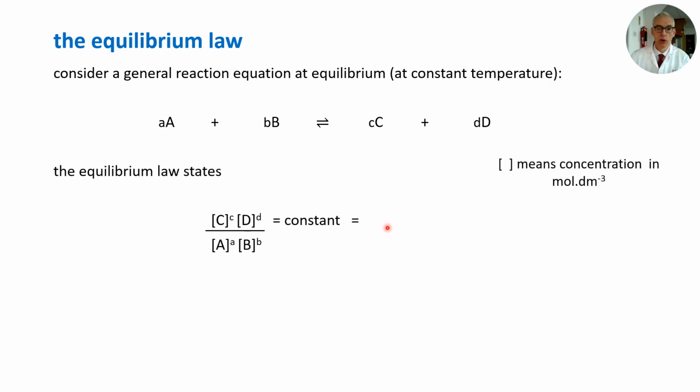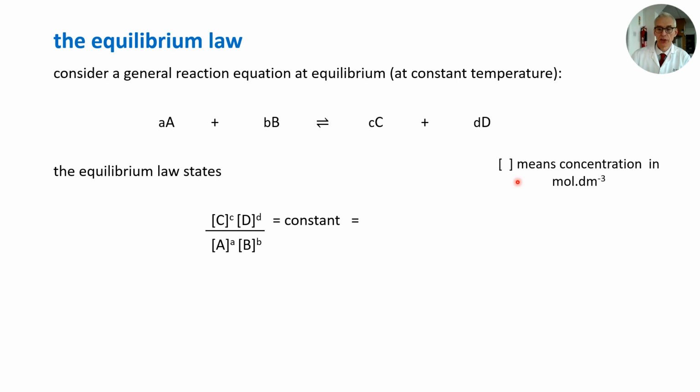The equilibrium law quite simply states that the concentrations of the right-hand side, that's the concentrations of C and D, raised to the power of their balancing numbers, divided by the concentrations of the left-hand side components, that's capital A, capital B, raised to the power of their balancing numbers or coefficients, equals a constant.